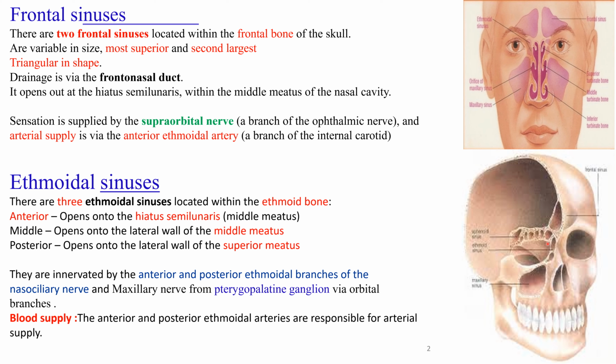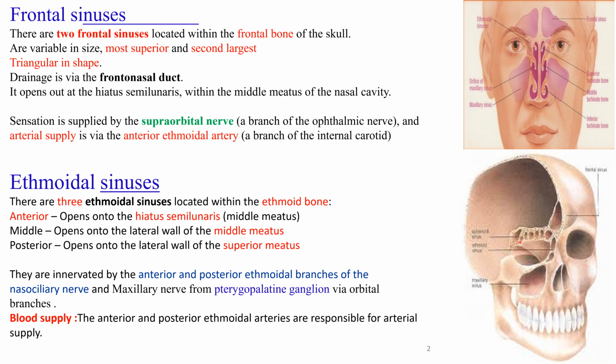As for the ethmoidal sinus, there are three types: anterior, middle, and posterior. The anterior opens into the hiatus semilunaris, while the middle opens into the lateral wall of the middle meatus, and the posterior opens into the lateral wall of the superior meatus.